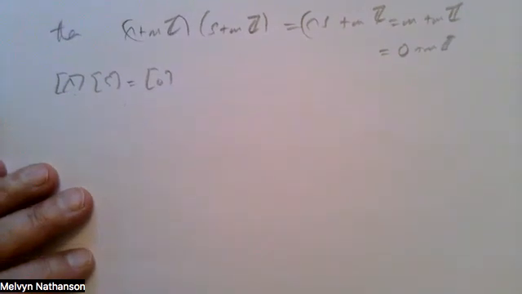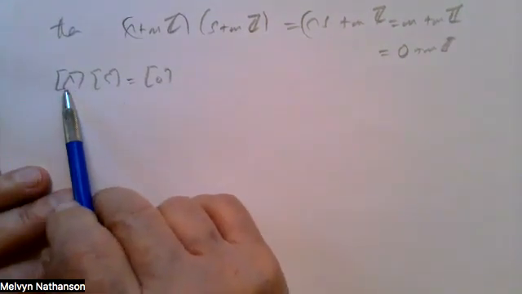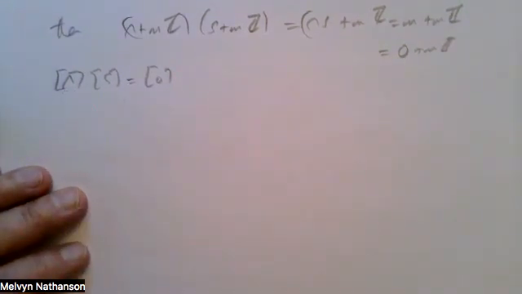So R can't be a unit, because if you multiplied R by something, you can't get 1.